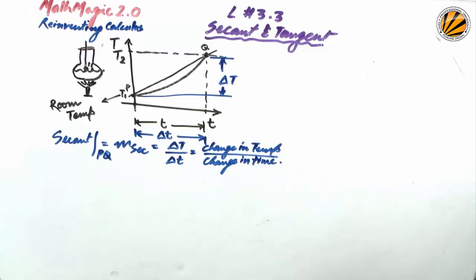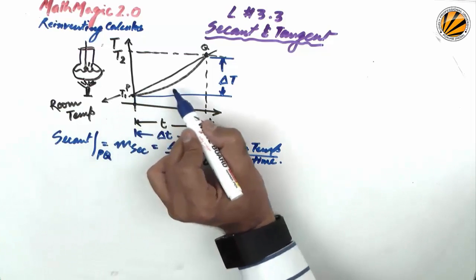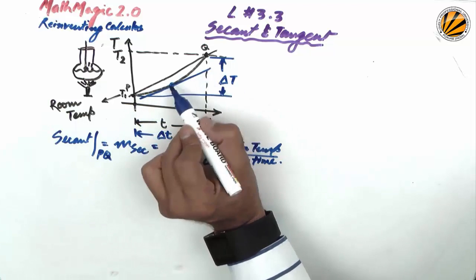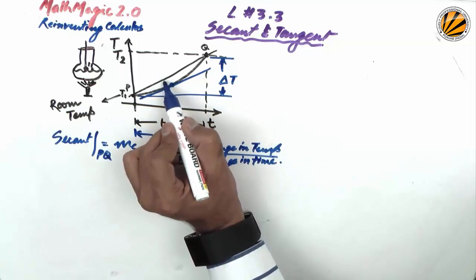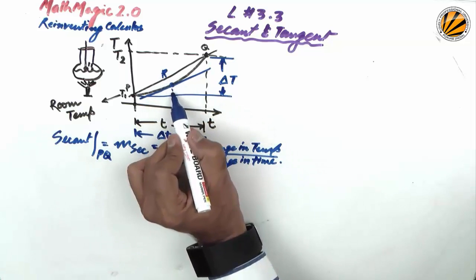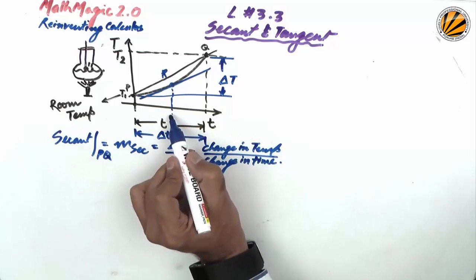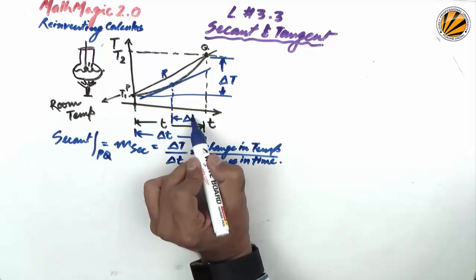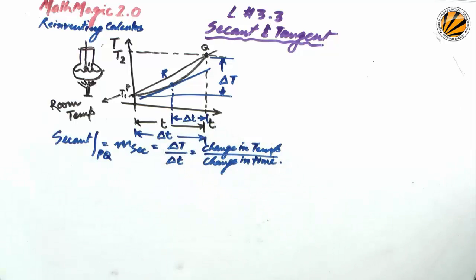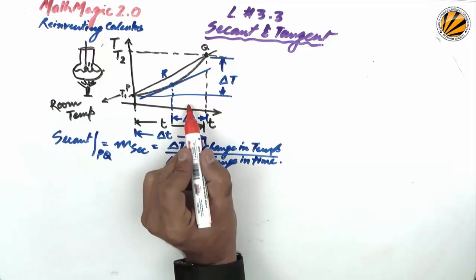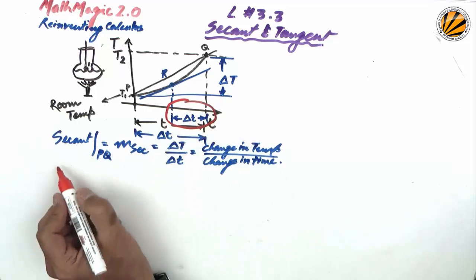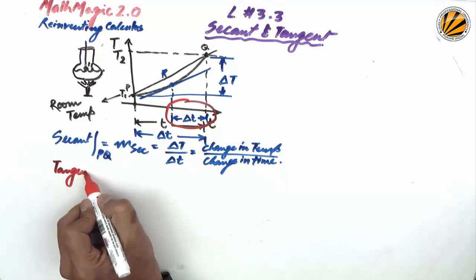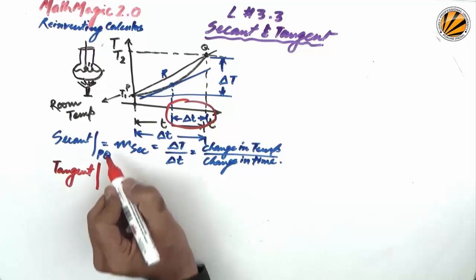Now, as we discussed earlier, at any given point of time, if I intend to know the change, let this be the point R. Now I need to look at this change in T, or delta T, say from this point to the point of boiling. At R, that is nothing but the tangent.